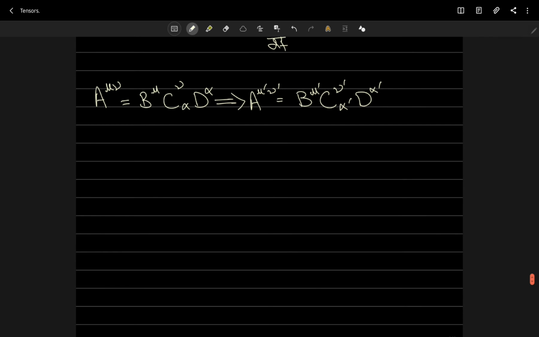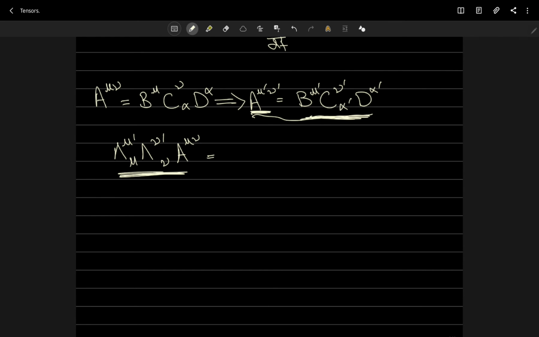Now, remember we have the transformation matrices, or transformation objects, lambda mu prime mu and lambda nu prime nu acting on A mu nu. This is equal to this thing, and then this is equal to this one.